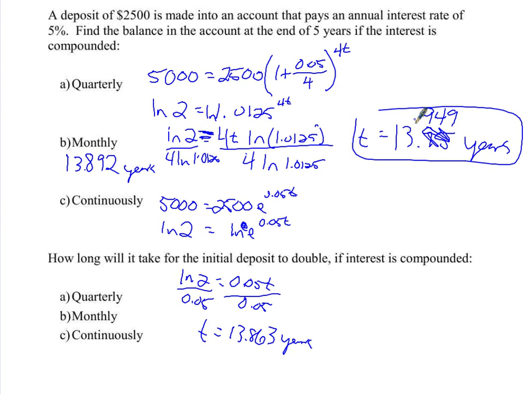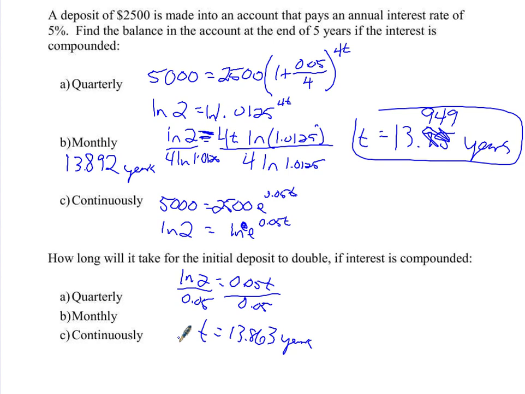And we kind of knew that was going to be the case, considering after 5 years, it had only increased by like an extra $10 or something. So not that much difference, but it's a difference nonetheless. And that's why the more you compound per year, it benefits you if this is your interest.